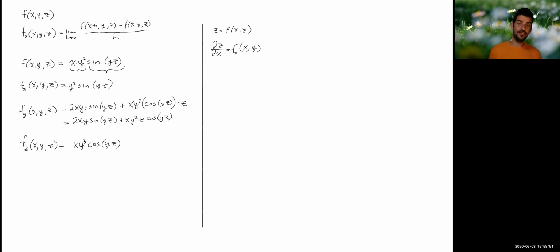Notice, though, this is still a function of 2 variables. Just like if I look over here at the ones we just did, the functions that we spit out are still functions of several variables. They're functions in and of themselves. Just like with functions of single variables, when we take derivatives, we can go take other derivatives. We can do that here as well.